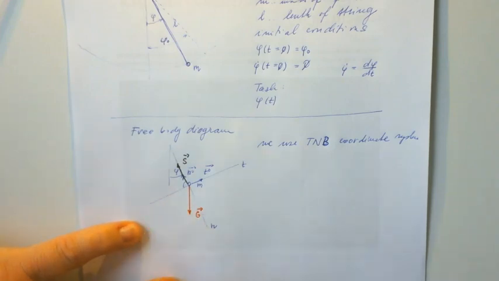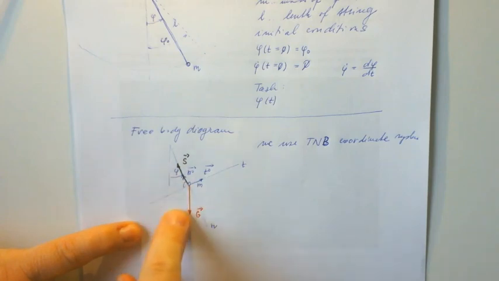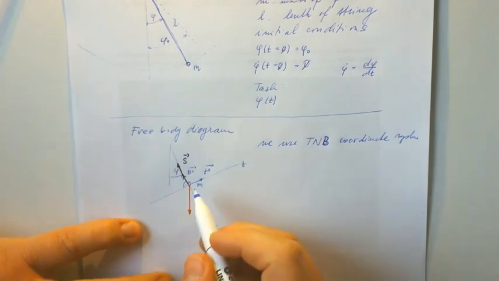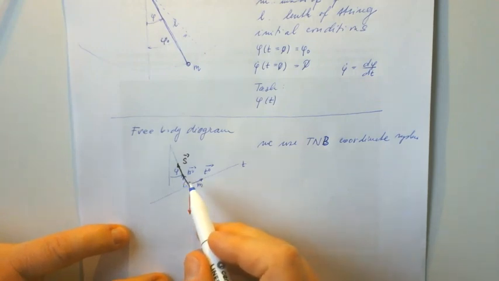Something is missing here, because these two forces can't be in equilibrium. And what is missing is inertial force. Inertia, D'Alembert force, has two components, tangent and normal.